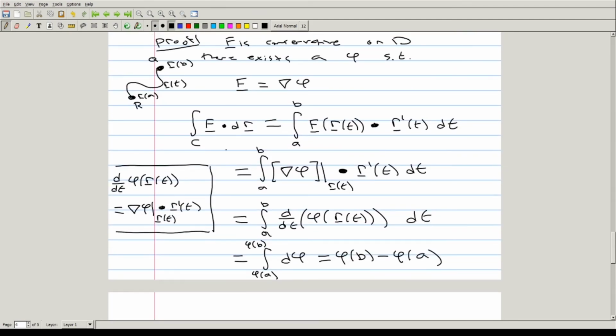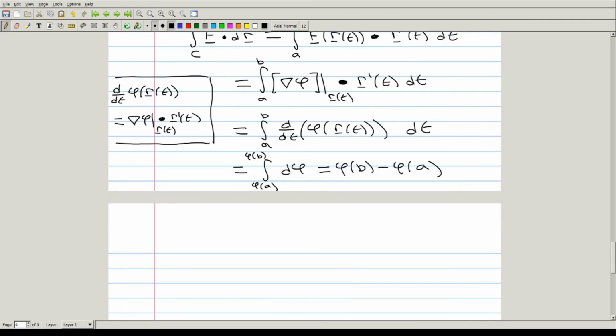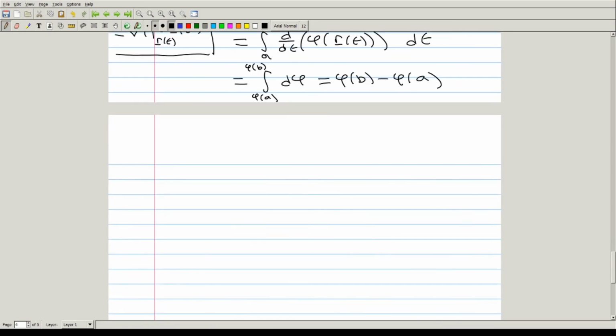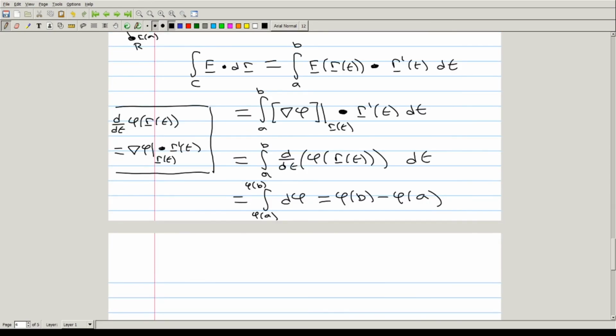This alone is telling you that the line integral of any conservative vector field, no matter how complicated it is, if it's conservative, the line integral tangent to the curve C will always reduce to just the difference of the scalar potential at the endpoints of the curve. So that's what this is telling us. It's for any conservative field.